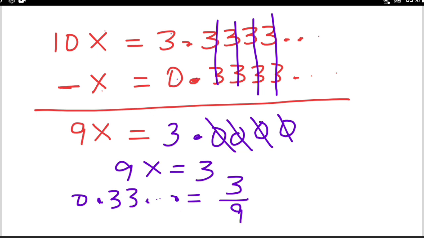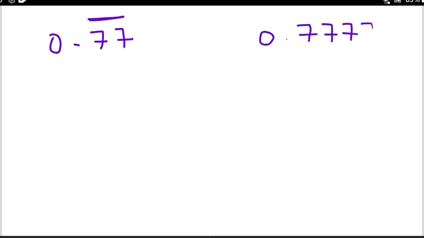We will see one more example. If we have 0.77, this recurring decimal we can write with a bar. If you write a bar, that means the number is repeating forever. So this is nothing but the 7 repeating forever. So what you have to do? We consider this as x. Here, which number is repeating? Only 7 is repeating.